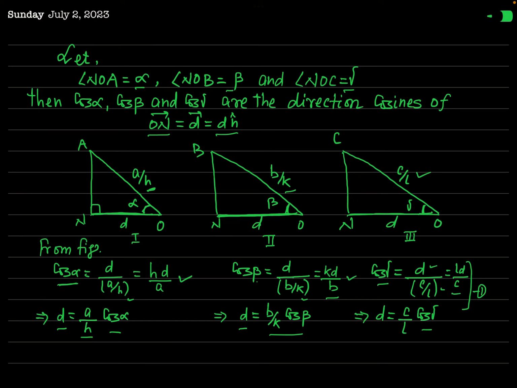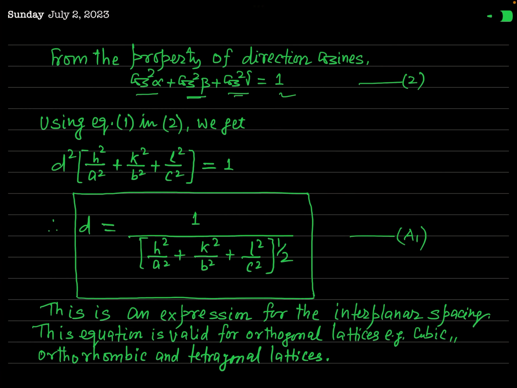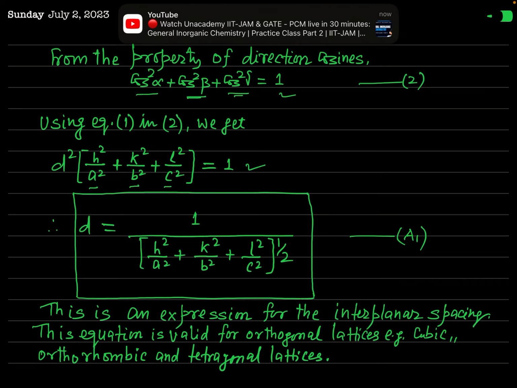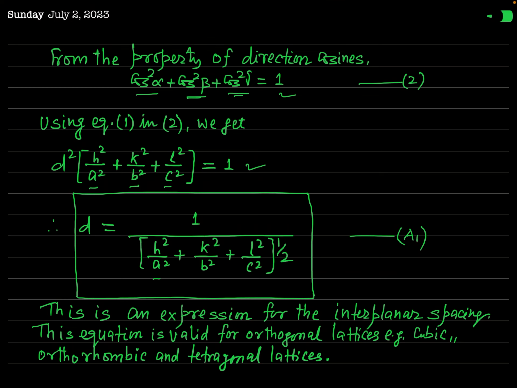So squaring these and adding, what do we get? You can see d square will be a common factor, and the remaining terms will be h square over a square plus k square over b square plus l square over c square, and that will be equal to 1. And so d will be equal to 1 over the square root of h square by a square plus k square by b square plus l square by c square.